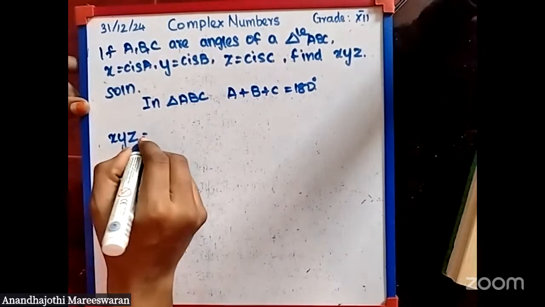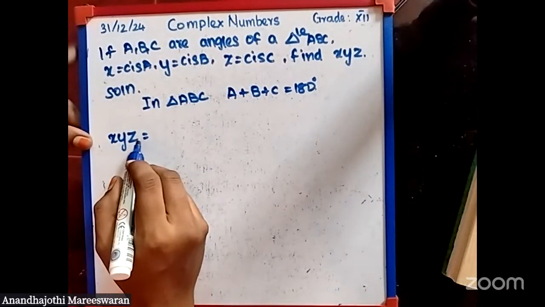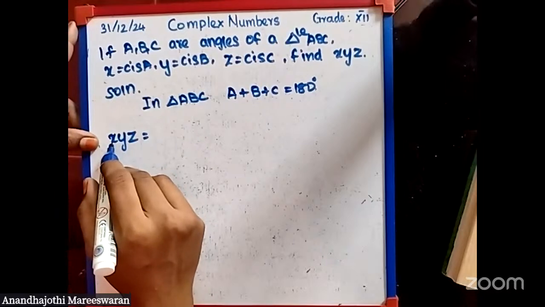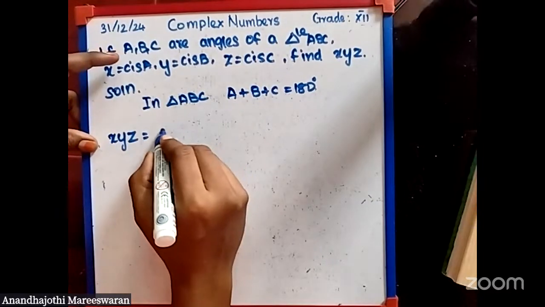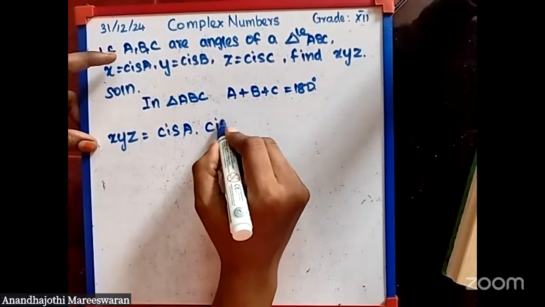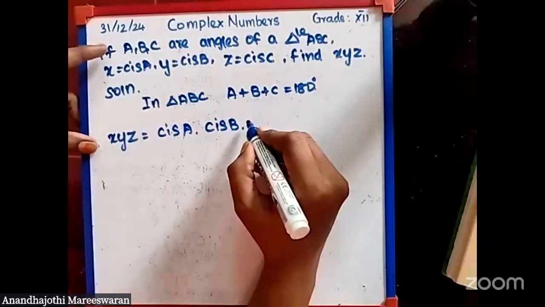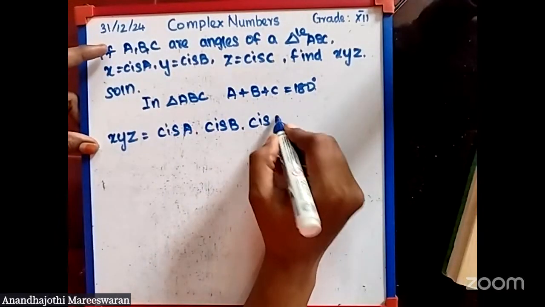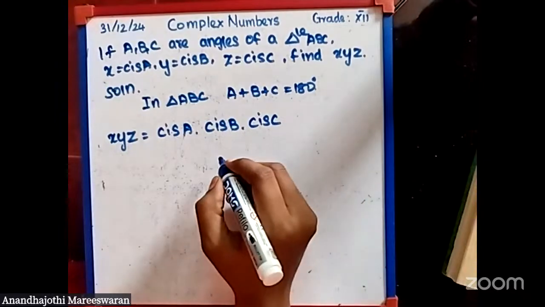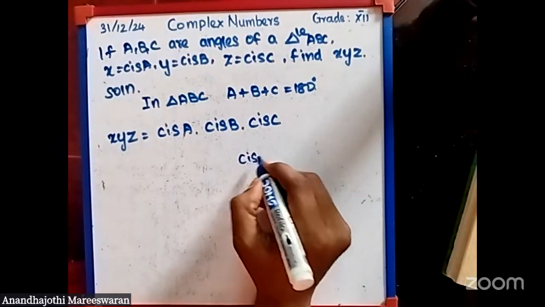We are going to multiply these x, y and z values. x is cis A, multiplied by y which is cis B, and multiplied by z which is cis C. Right? So what is cis A?